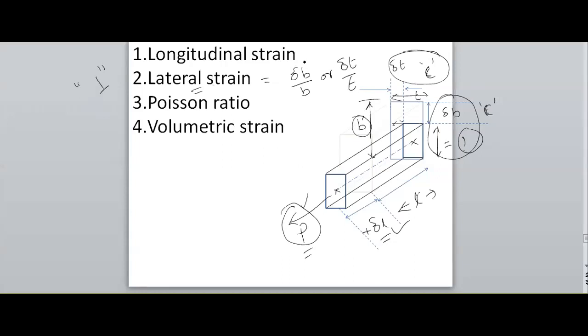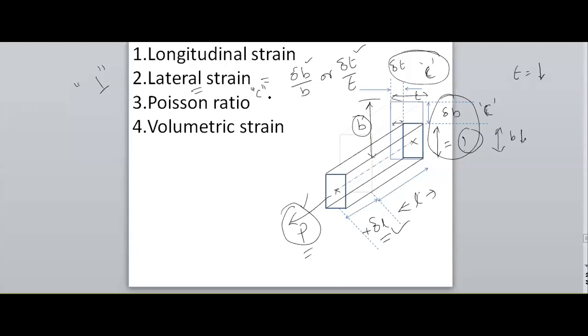In this direction, we are calculating the strains also. These strains will be called lateral strains. But these lateral strains are compressive in nature, because the width is decreased as well as the thickness.